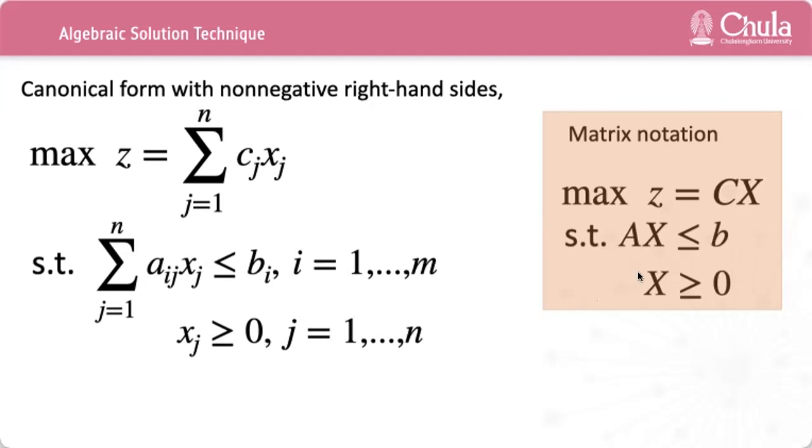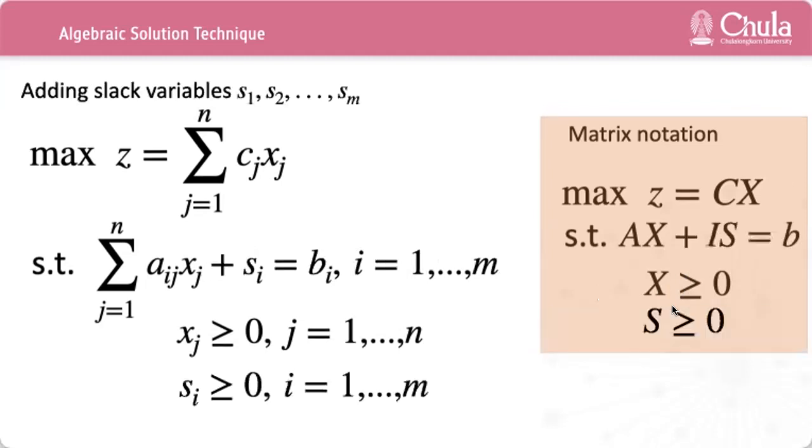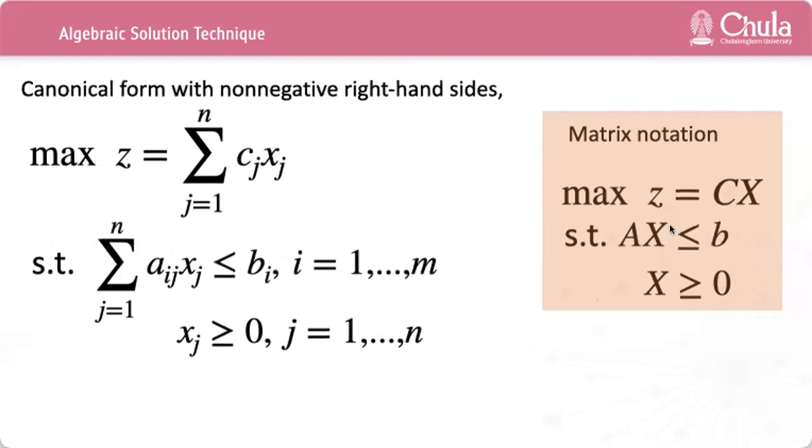And all x must be non-negative. Then we add slack variables, so we maximize the objective function, and the constraint is less than or equal, right?